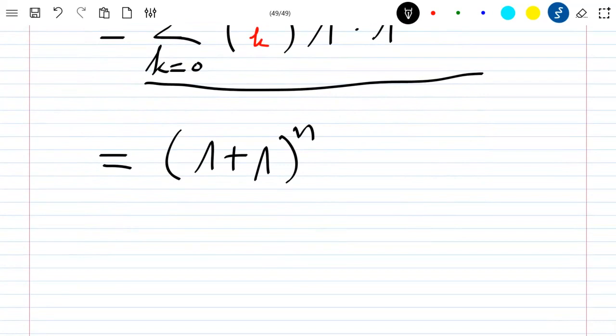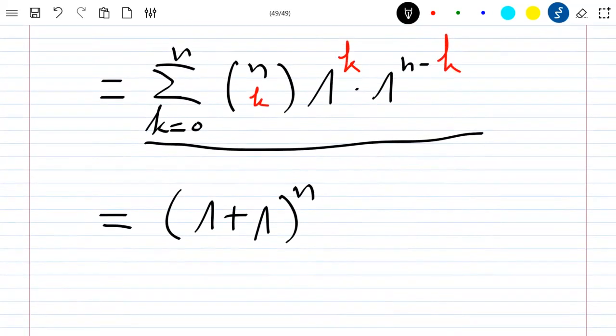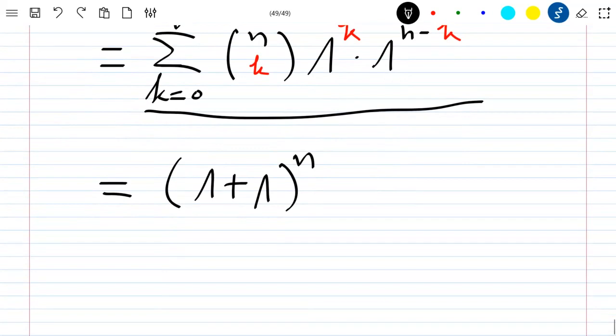This is the case where x is equal to 1 and y is equal to 1. That's the reason why we have 1 plus 1, or you can just say x plus y for x equal to 1 and y equal to 1.